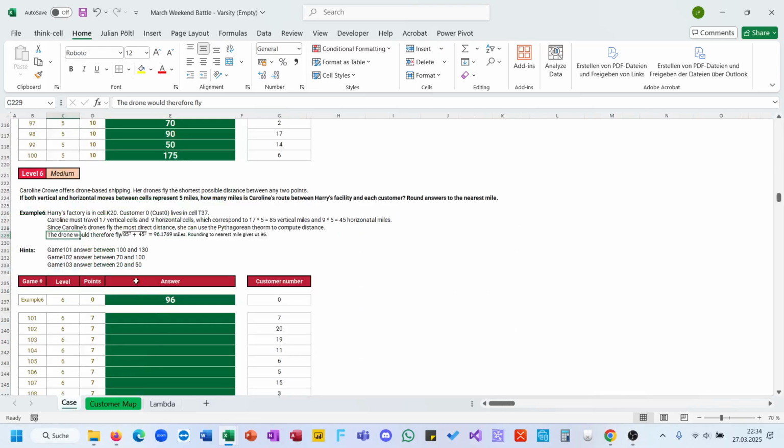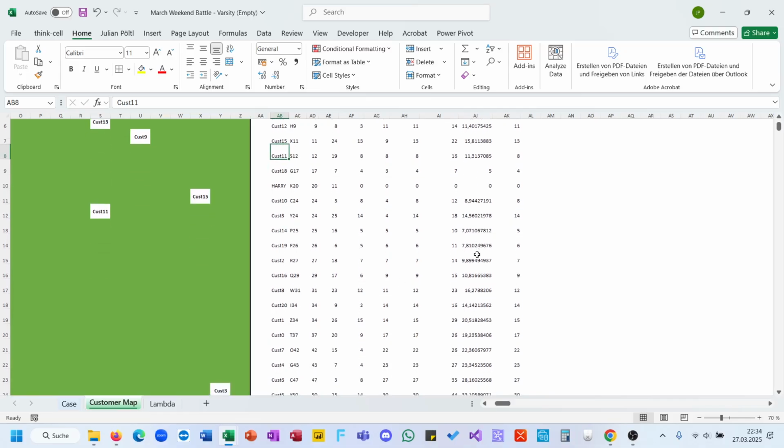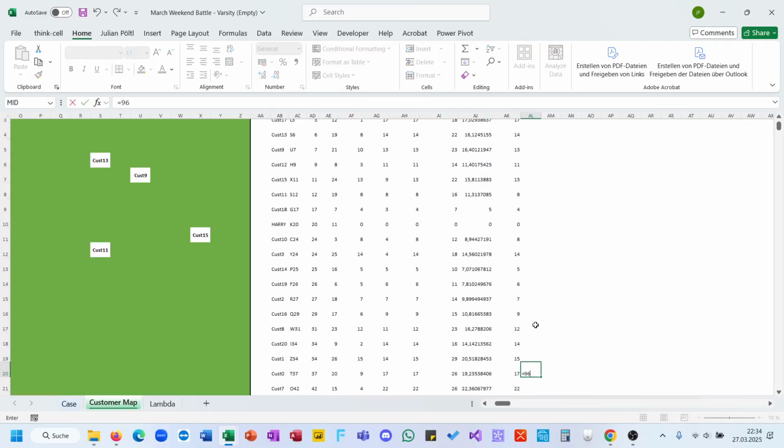But I don't know if with 5 miles it will work. So customer 0 is 96, equals 96 divided by this number. It could be. Will I risk it?